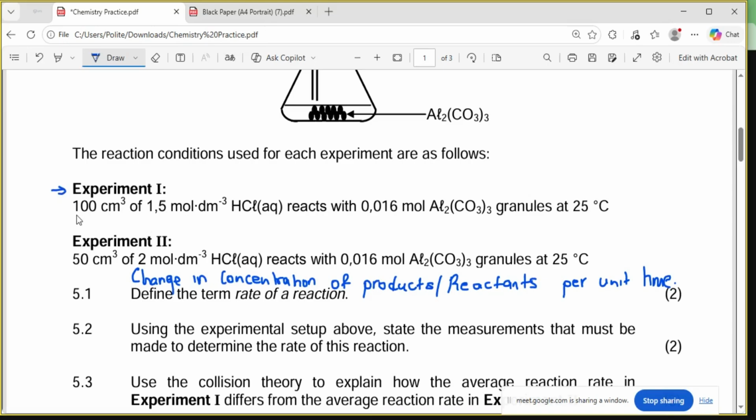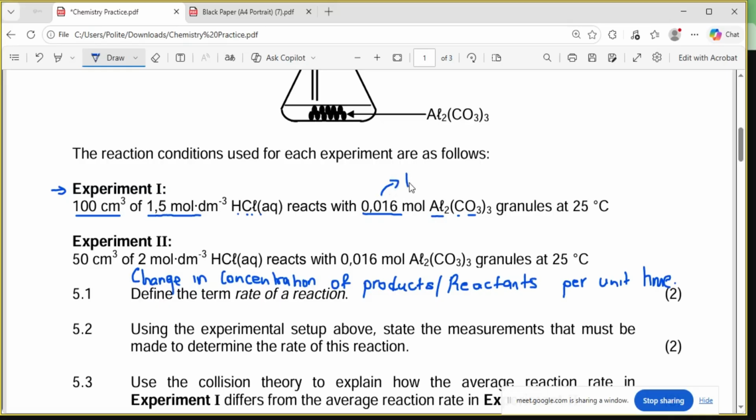So the first experiment, we have the volume as 100 centimeter cube and the concentration as 1.5 mole per decimeter cube of what? Of hydrochloric acid. It reacts with aluminum carbonate of 0.016.